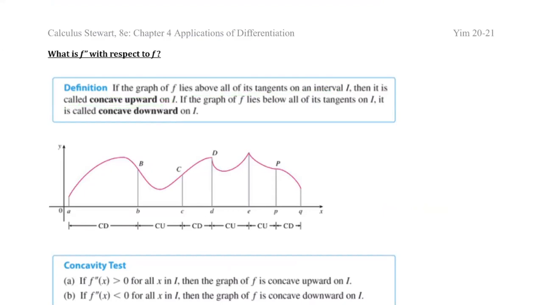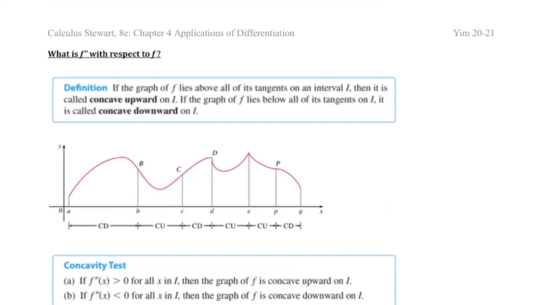Hmm. So what that means is that CU means concave up. So if I were to draw, let's say, a tangent line, see that right here, guys? Yeah, it curves up, right? If I draw this, the curve is up. And if I draw over here, this curve is higher than the tangent line, right?